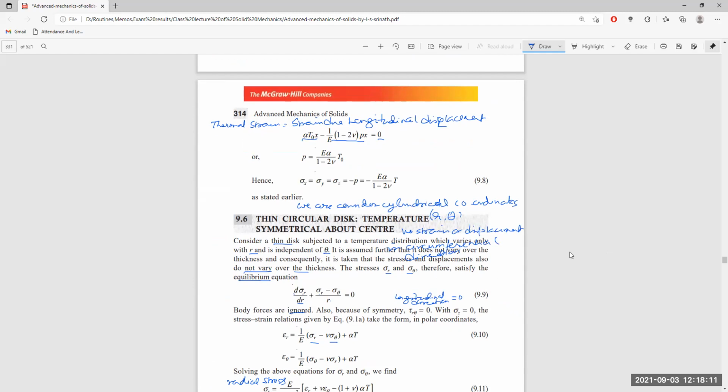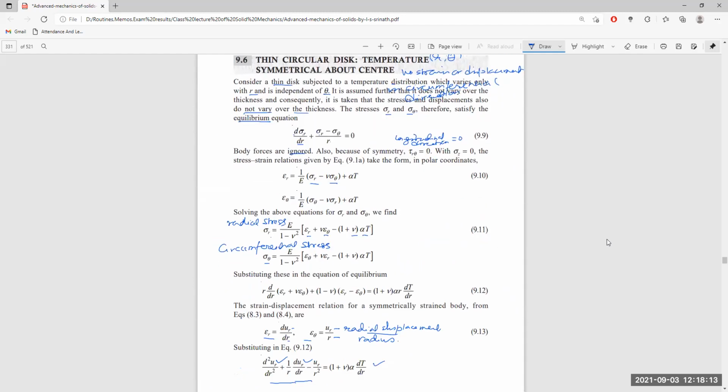Next we use the equilibrium condition itself. The equilibrium equation for the cylindrical coordinate system is d sigma r by dr plus sigma r minus sigma theta by r itself.